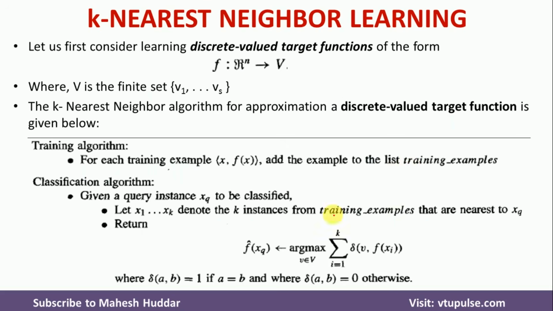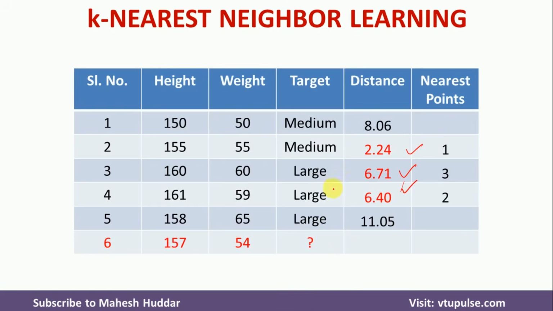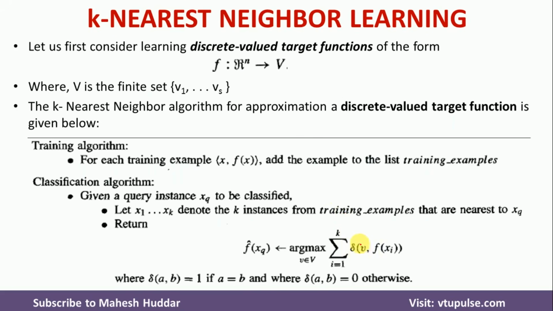We have to solve this function, as I said earlier, based on the number of possibilities in V. Right now we have 2 possibilities, medium and large, so we have to solve this for 2 times: v equal to medium and v equal to large.